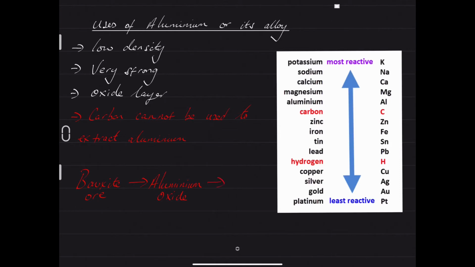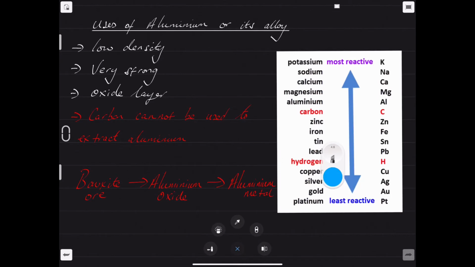And then we perform electrolysis on aluminium oxide to get aluminium metal. So you can see the three-step process to get aluminium metal.